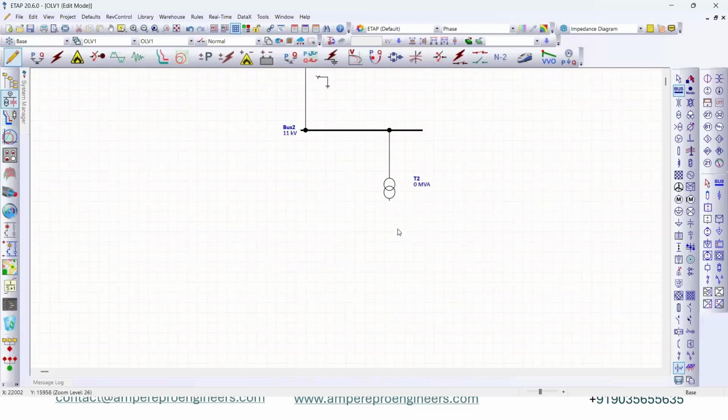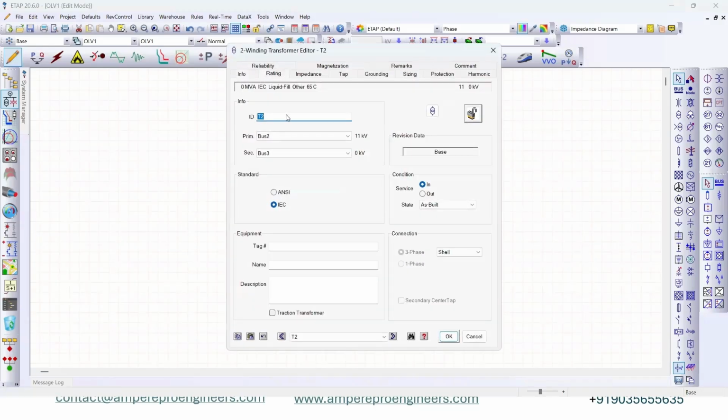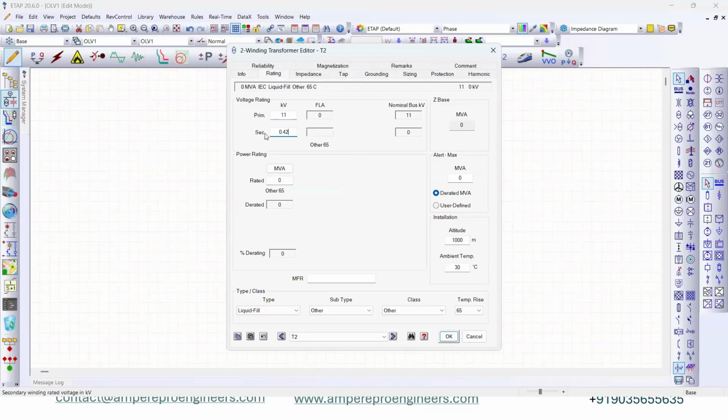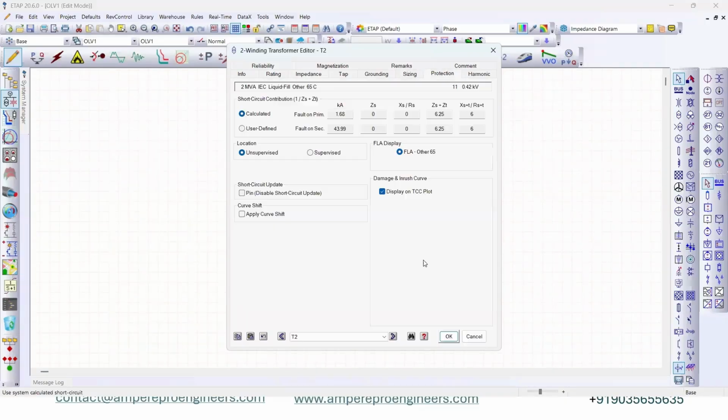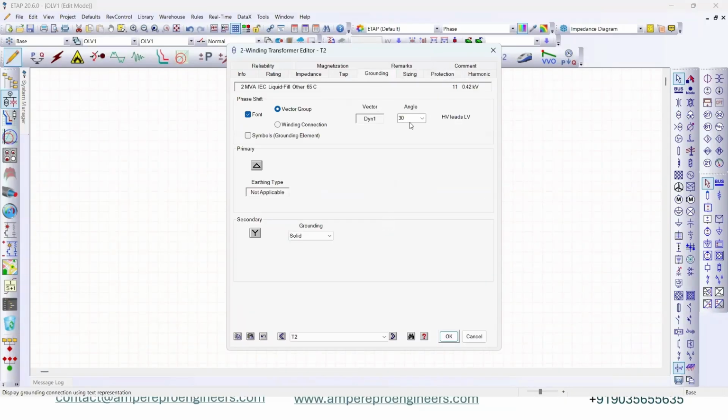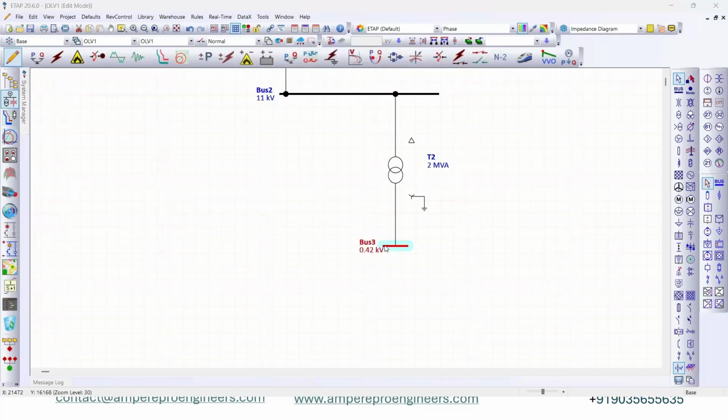So let me add one more LV side. This is a typical system. We are trying to understand what the real power factor index is. Let's say this is 2 MVA, and this is the LV side. Let's add the symbol, and it is solidly grounded.